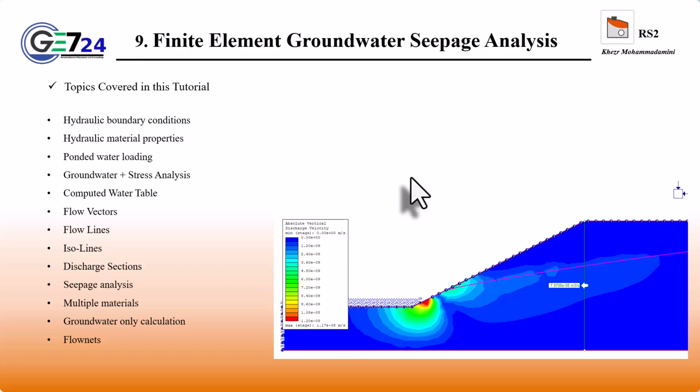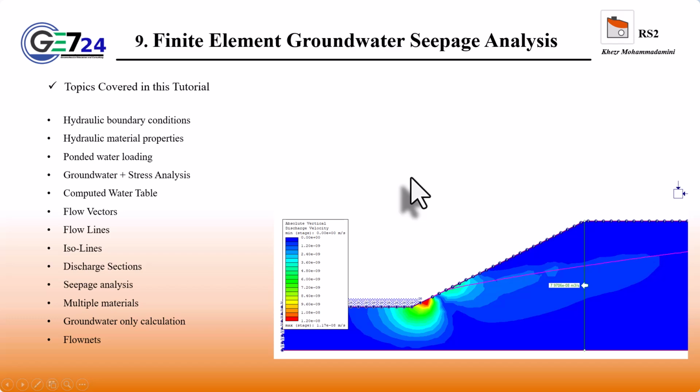So this chapter covers hydraulic boundary conditions, hydraulic material properties, and groundwater plus stress analysis, meaning coupled mechanical fluid flow calculations, computed water table, and flow vectors, flow lines, discharge section in the model, and also seepage analysis, multiple materials, groundwater-only calculations, flow nets, pool, how we can pool, and pressure pool.